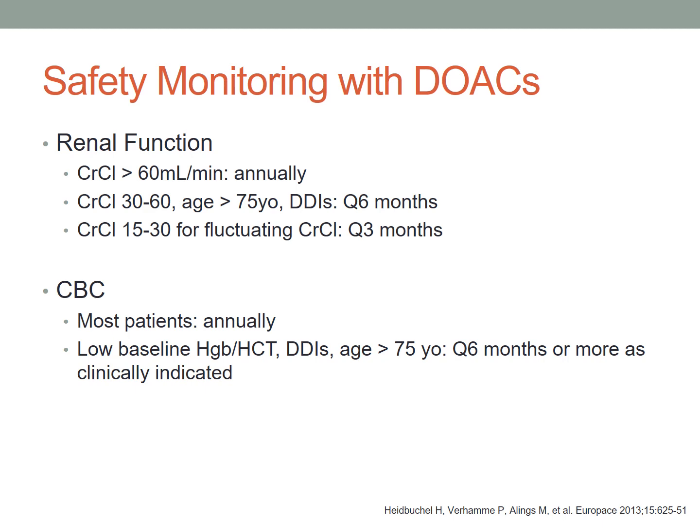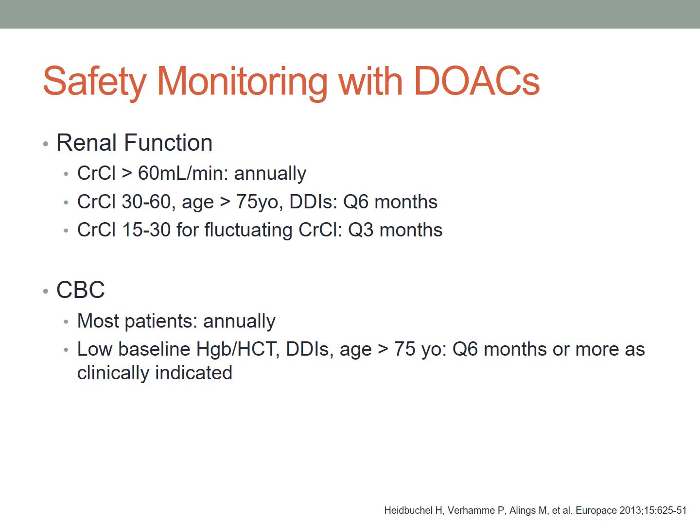So some general safety monitoring recommendations with DOAC use. Obviously, as I went through each of the drugs, you notice that they all have renal elimination, and so it's important for us to monitor our patients' renal function when they're on these medications. If patients have generally good kidneys, a yearly serum creatinine is usually sufficient.